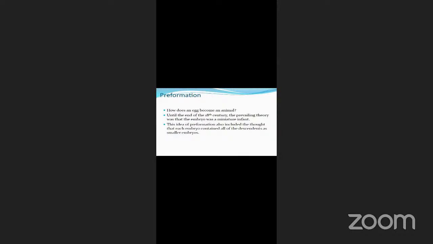To explain these questions, some theories were proposed. During the 18th century, we have one theory called the pre-formation theory, where they stated that in the embryo, we have a miniature infant.